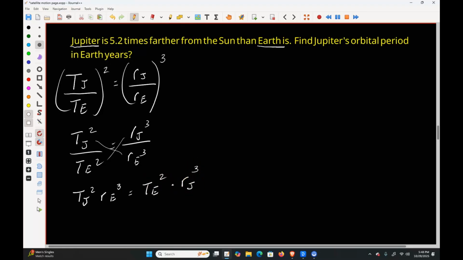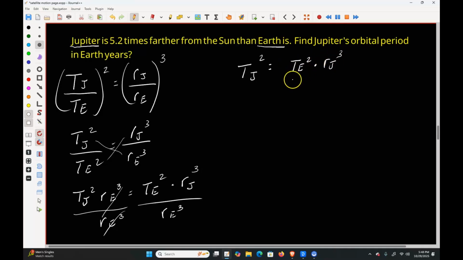We're looking for the period of Jupiter, so let's divide both sides by the radius of the Earth to the third power. So we have the period of Jupiter squared is equal to the period of the Earth squared times the radius of Jupiter to the third power over the radius of the Earth to the third power.